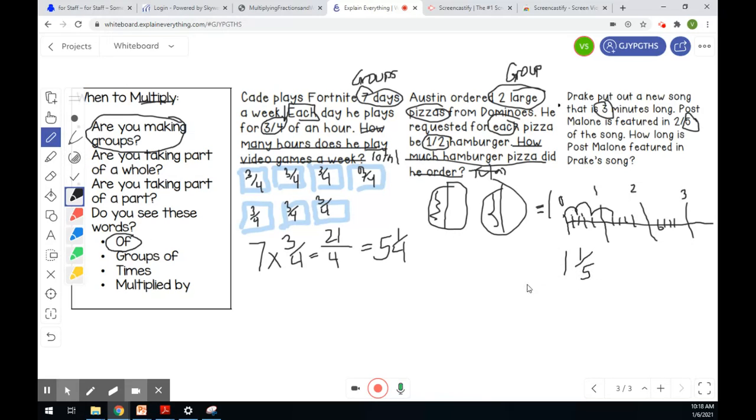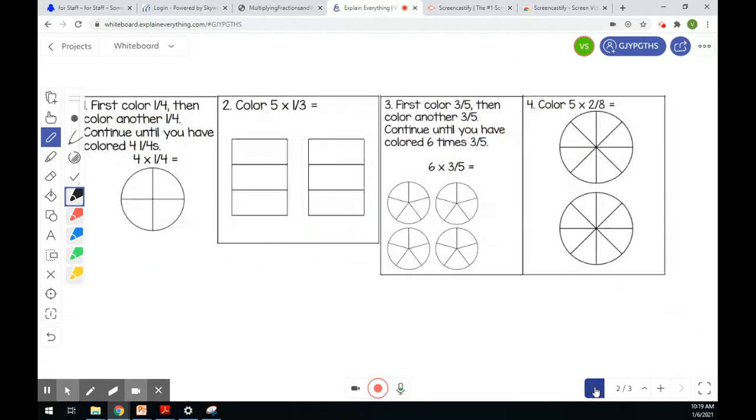And I can justify that and show that that's true because if I do 2/5 plus 2/5 plus 2/5, it's repeated addition, right? So I have 6/5. And 6/5 is equal to 1 1/5. Okay? So that is multiplying.